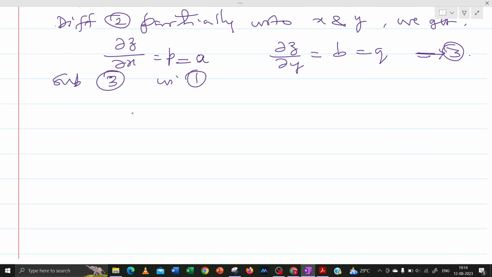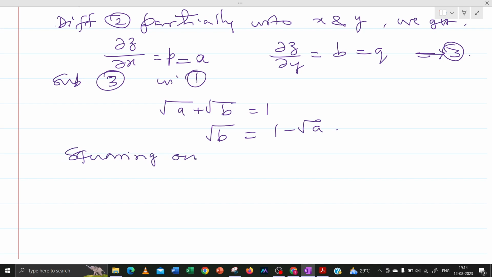Isn't that so? We'll get root a plus root b equal to 1. You can write this as root b equal to 1 minus root a. Then squaring on both sides, we will get b equal to (1 minus root a) whole square. This is equation number 4.